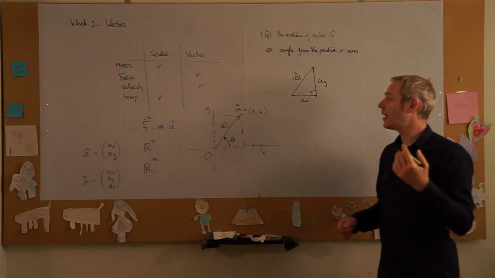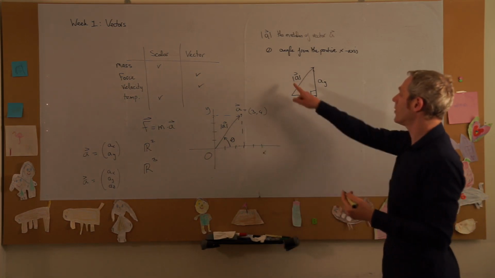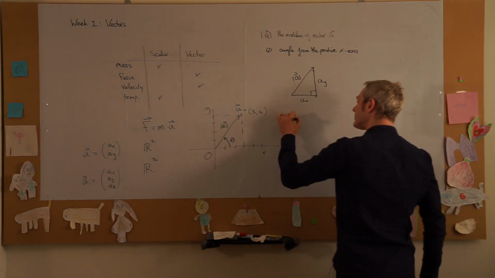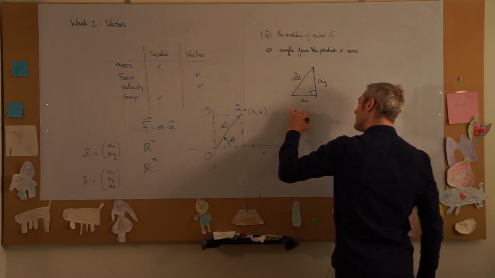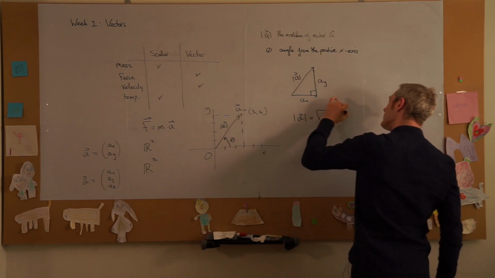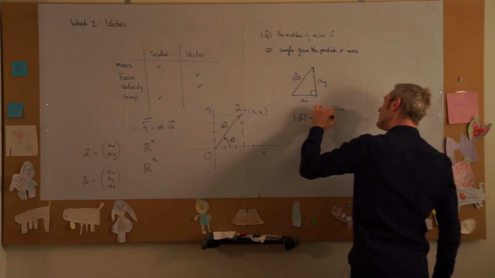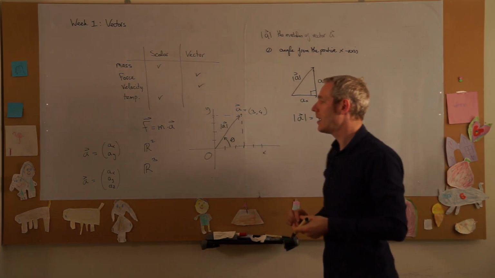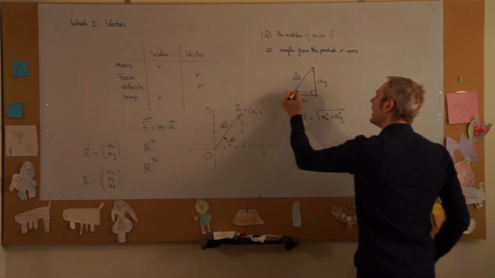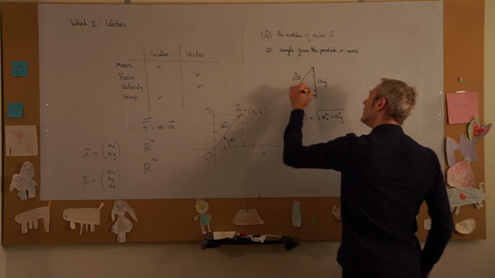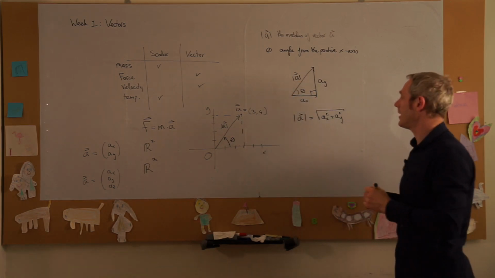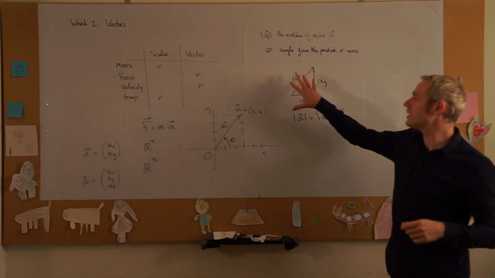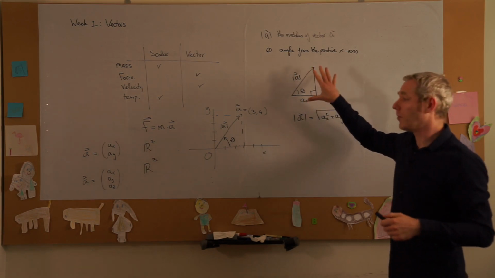We can use Pythagoras' theorem to determine what this length is. The length of a vector is the square root of its x-coordinate squared plus its y-coordinate squared. And its angle theta is there. So we will be using this triangle a lot more.